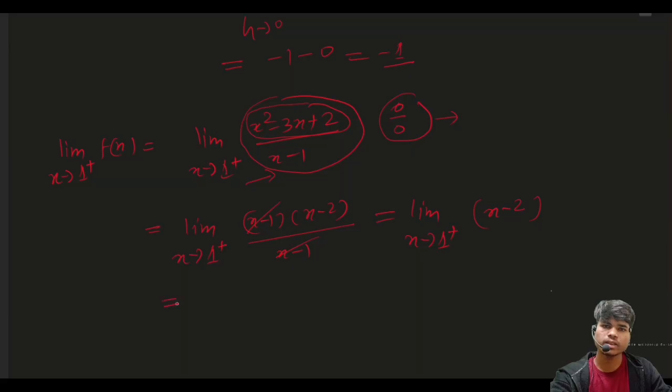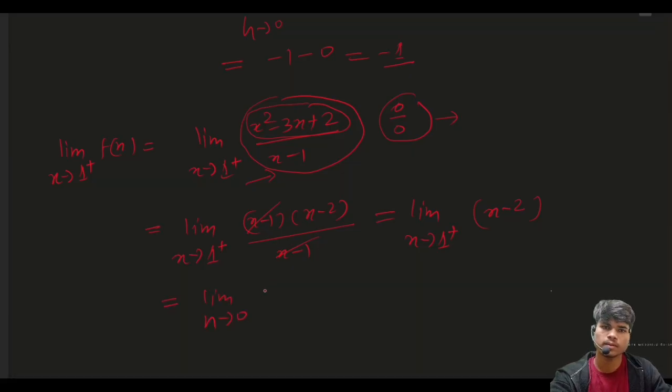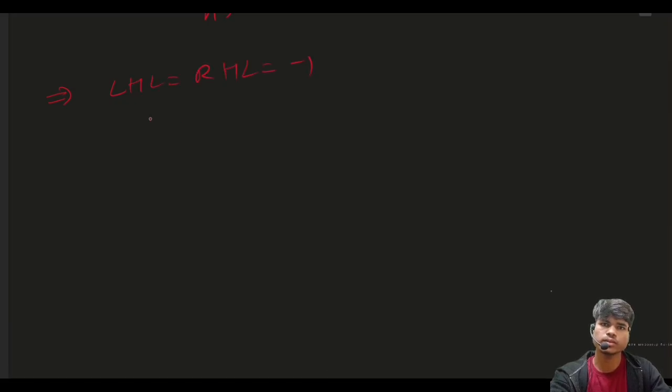We can write this like limit h tends to 0, 1 plus h minus 2. After solving, we have limit h tends to 0, minus 1 plus h. So finally we get right hand limit minus 1 plus 0, that is minus 1. So here we have left hand limit equals to right hand limit equals to minus 1.